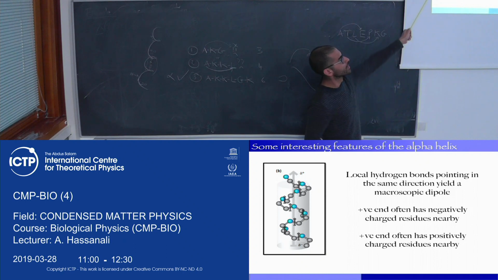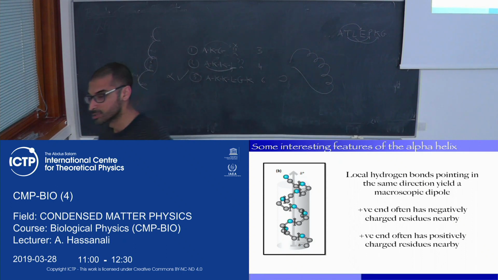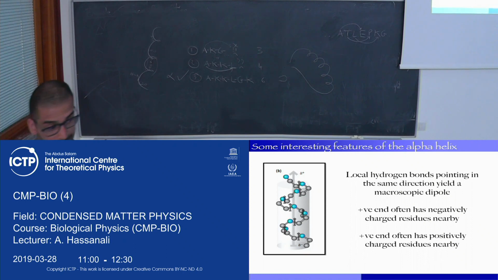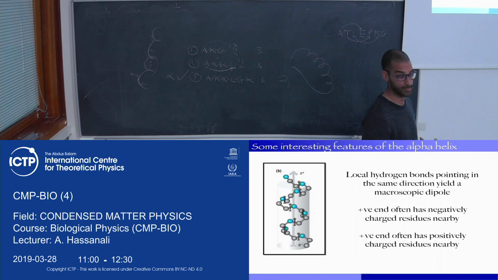I see some negatively charged residues around the other end of the alpha helix. That should not be surprising. So nature has designed these things over millions of years to optimize all these interactions in a very efficient way. And it's for a particular function.